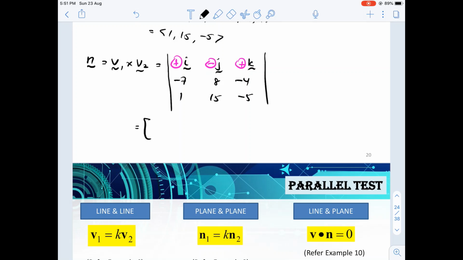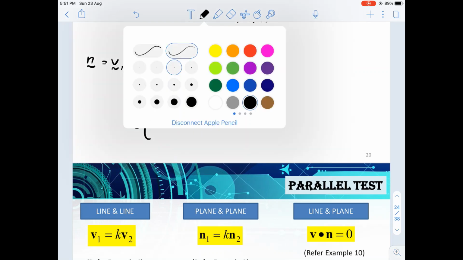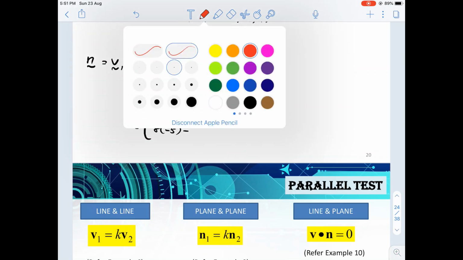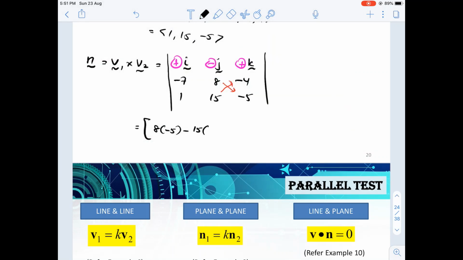Close the first column. So we are crossing the second and third columns. So 8 times -5 minus 15 times -4. That is for the i component. Now we continue for the j component.